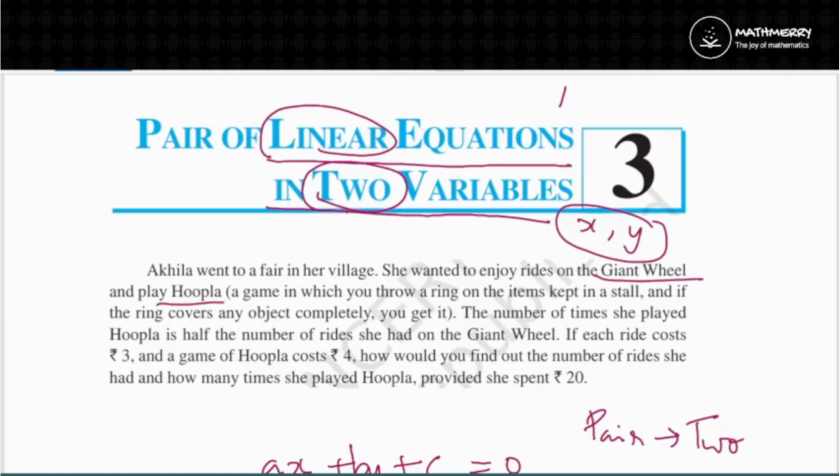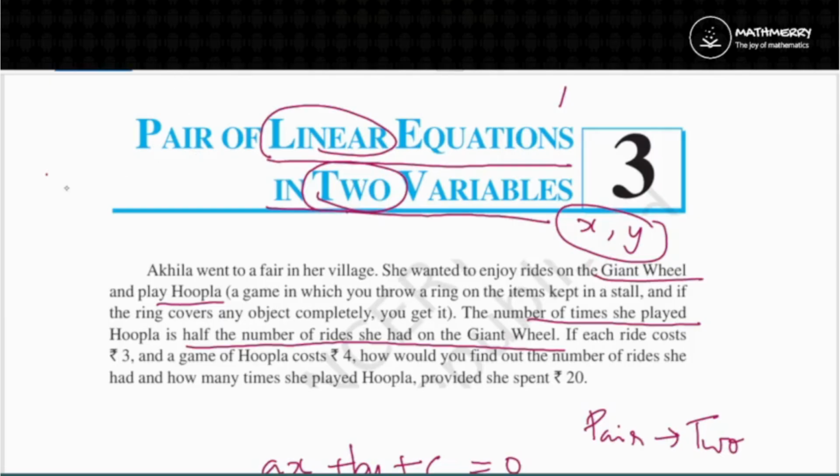Now here it is given that the number of times she played hoopla is half the number of rides she had on the giant wheel. So suppose we take the number of rides as x or y. You can take any variable that you like.